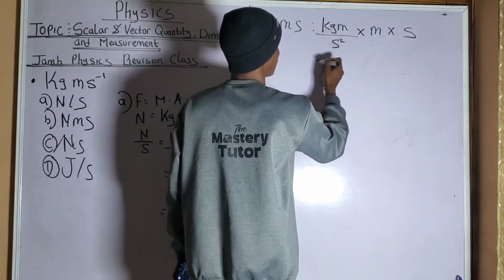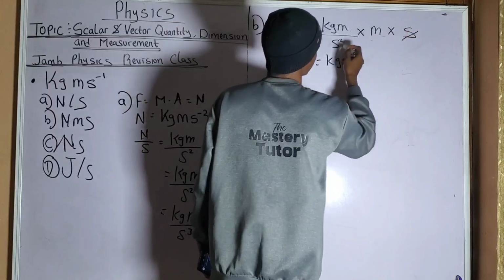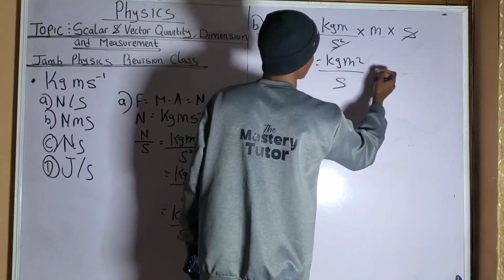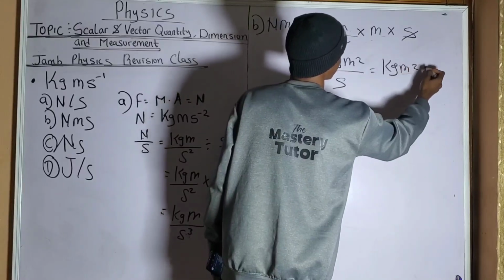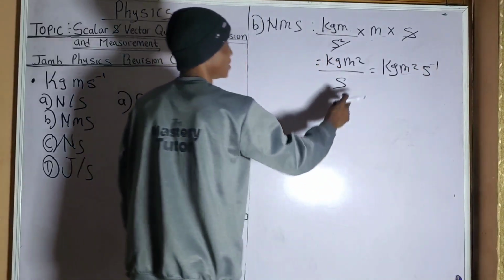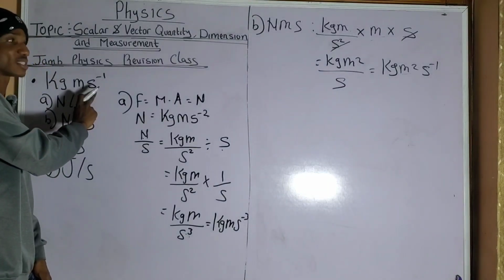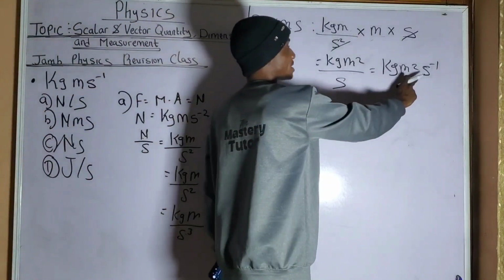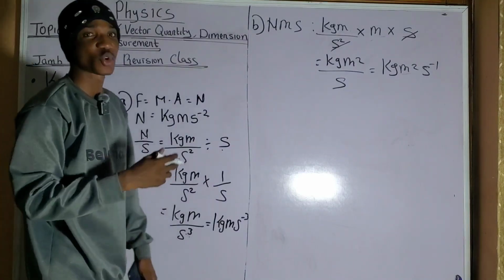So m times m will give me kg m squared, and one s will cancel this s, so I'm going to have all over s. This will give me kilogram meter squared per seconds. And it is not equal to kilogram meter per seconds. Kilogram meter squared per seconds is not equal to kilogram meter per second. So option B is also disqualified.